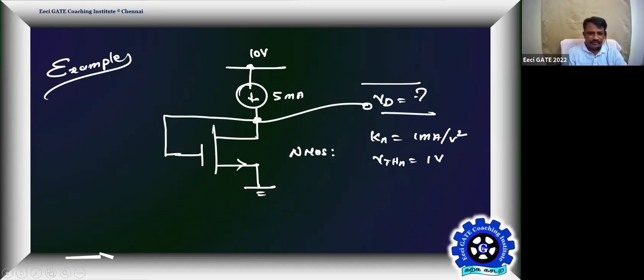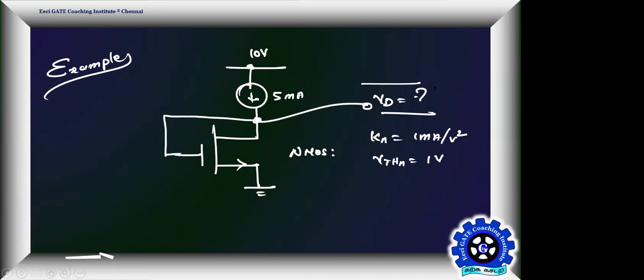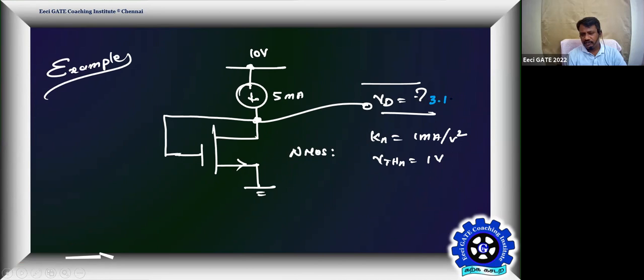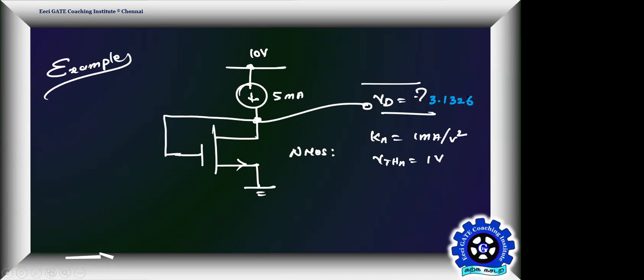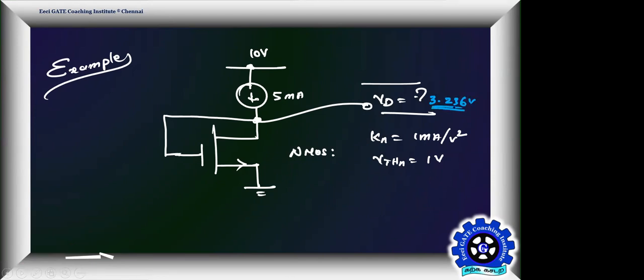What is the answer you are getting, Shweta? 3.236, right? No, sir, 3.236. Okay. 3.236 volts, correct? Yes, sir. As your VD. Okay, we'll check.